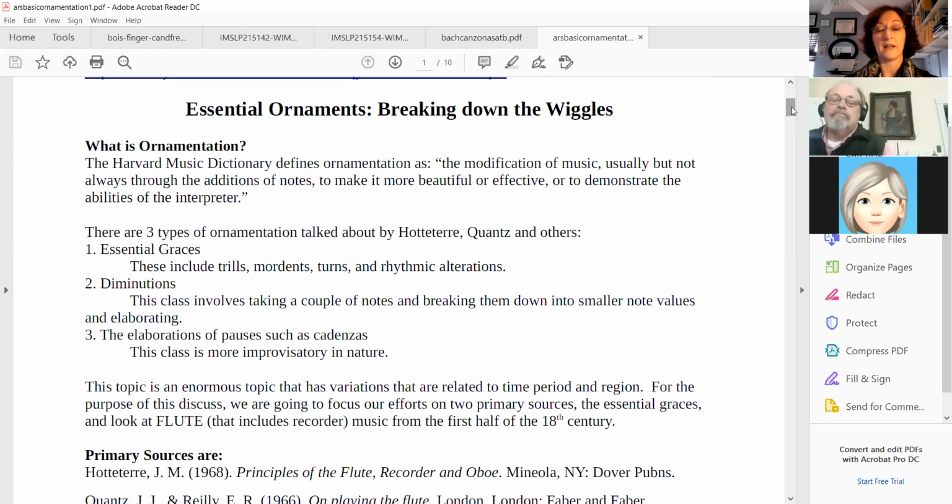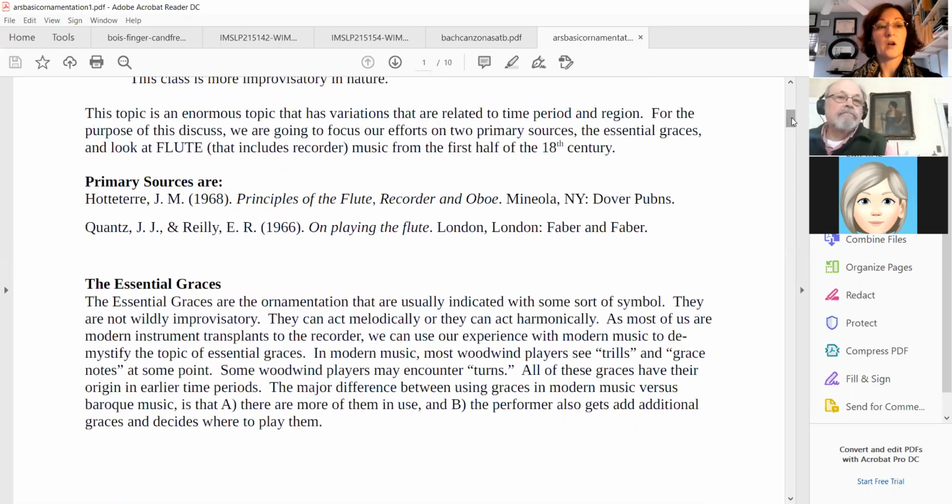We're not going to be looking at any of that. We're going to just be looking at the flute music, and of course the recorder is the flute. Our 2 primary sources, if you want to look them up for yourself, are the Hotteterre Principles of the Flute, Recorder, and Oboe, and the Quantz On Playing the Flute.